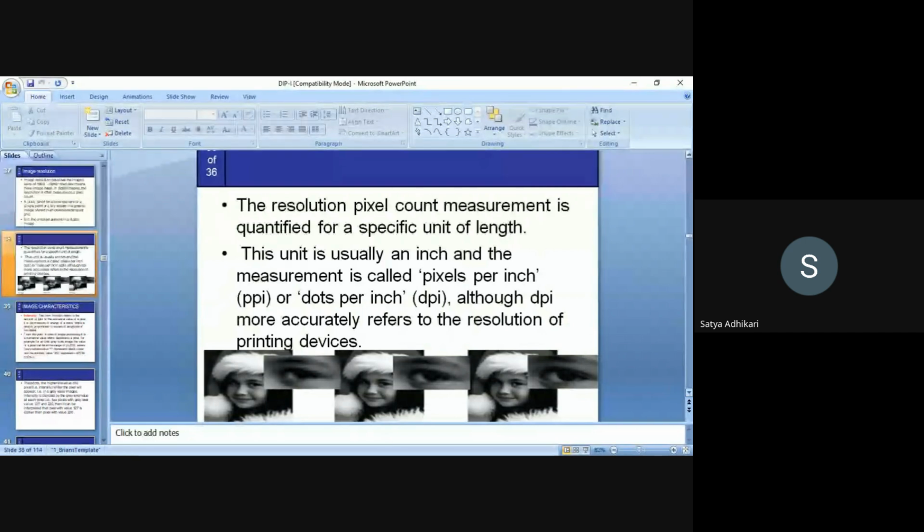If the size of the pixel is greater, there will be fewer pixels and the quality is poor. Here the DPI resolution is associated with the number of pixels within that unit area.